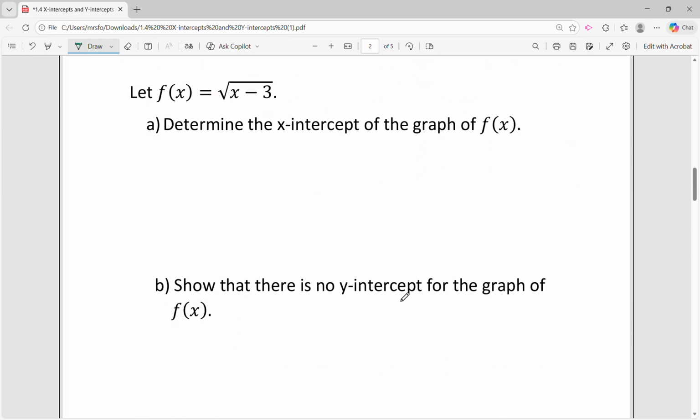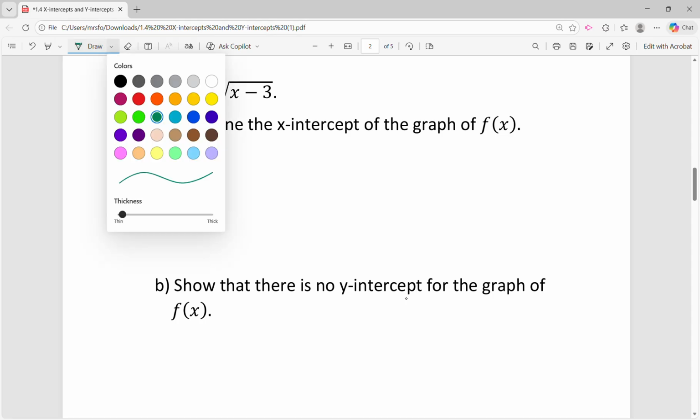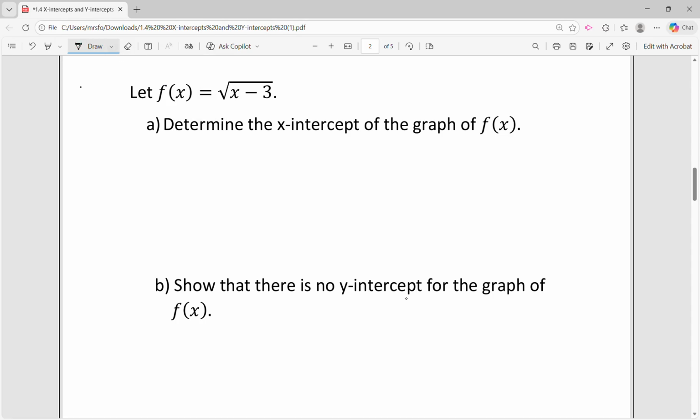Alright, so now this next one, determine the x-intercept. So that means 0 equals the square root of x minus 3. And if you remember, we said when we're taking the square root, the opposite of square root is to square. So that leaves us with 0 equals x minus 3.